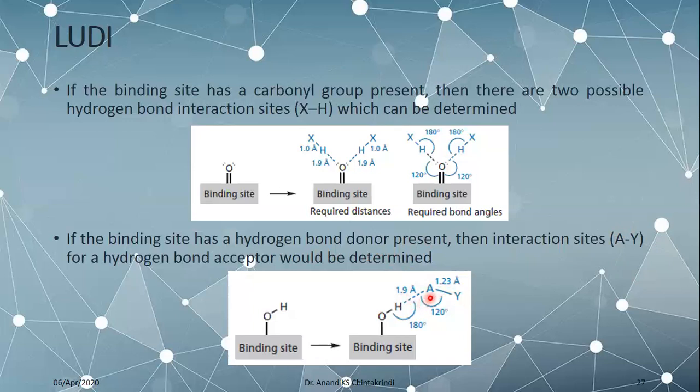Again, the distance is maintained at 1.9 angstrom, and this is the angle, 120 degrees. So this interaction site is placed at an angle of 180 degrees, the actual hydrogen bond angle is 180 degrees.